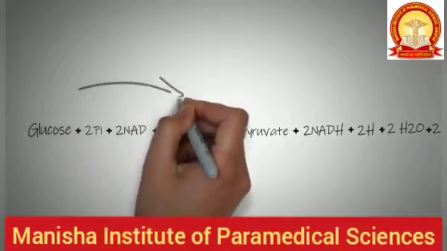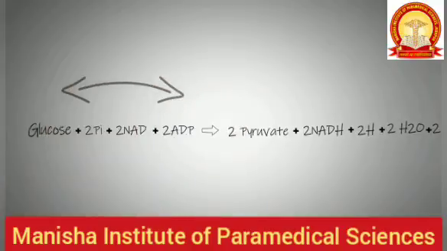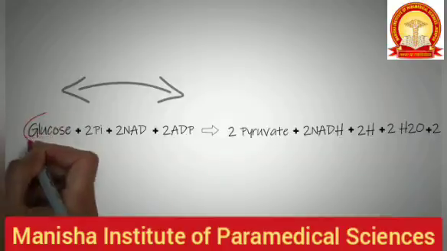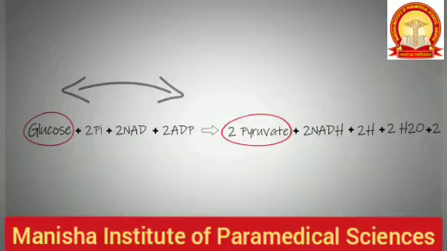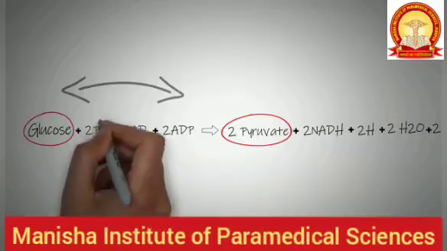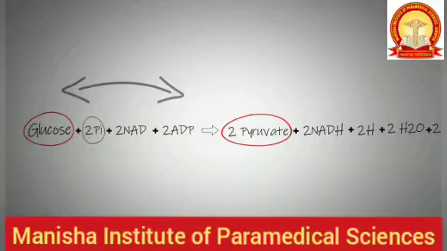On the left hand side of this reaction is the input. You can take these things like the raw materials that we are using in glycolysis. We begin with 1 molecule of glucose which gets split into 2 molecules of pyruvate. That is why the prefix 2 is attached to all other substrates used in this reaction. We use 2 inorganic phosphate molecules in this pathway.